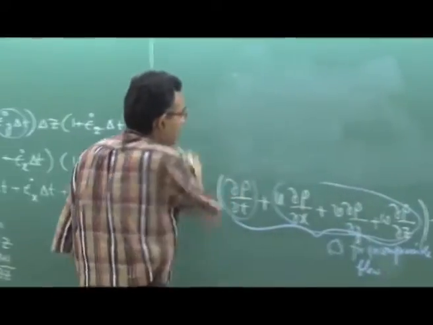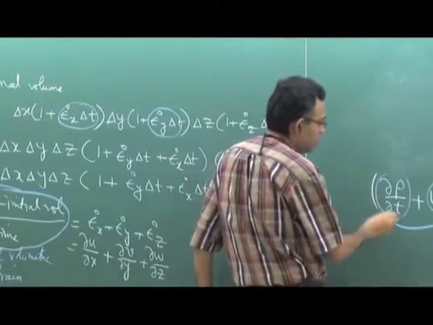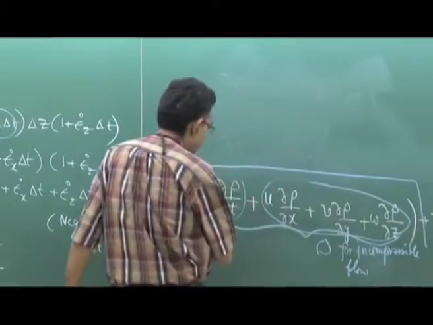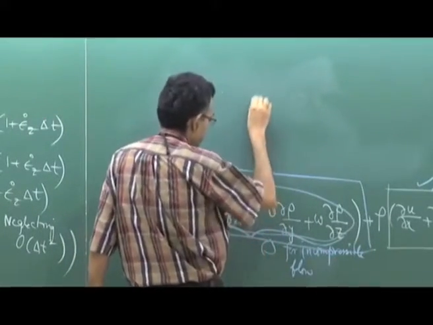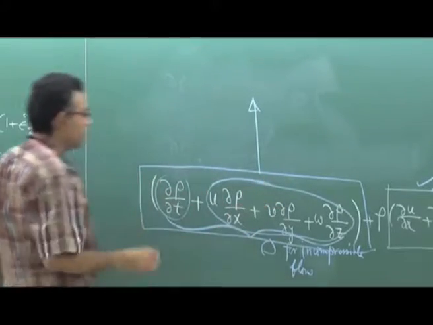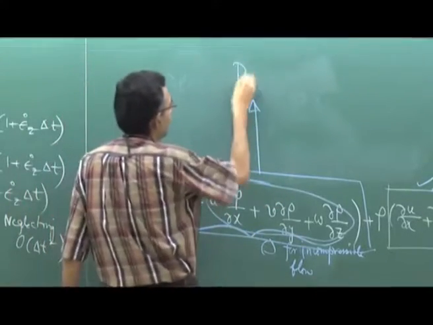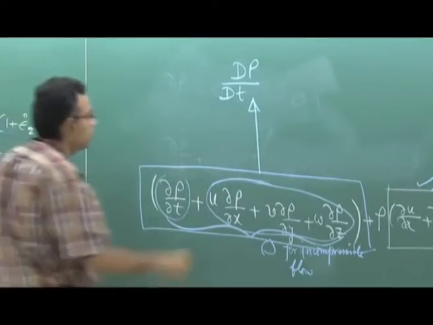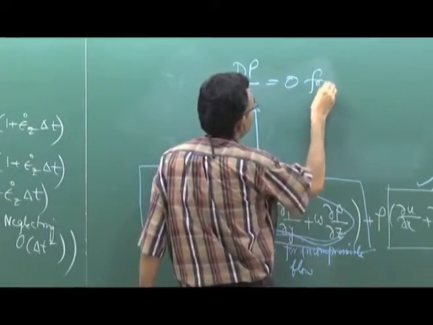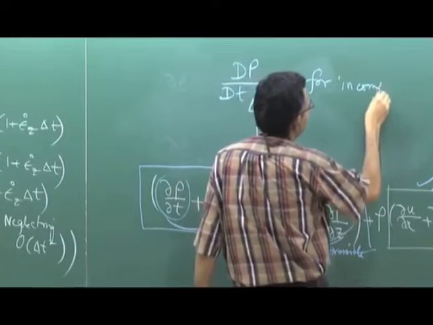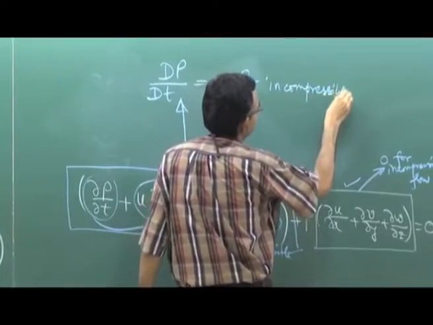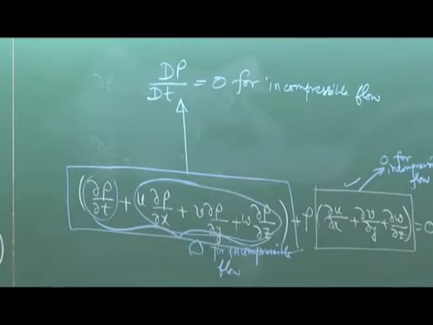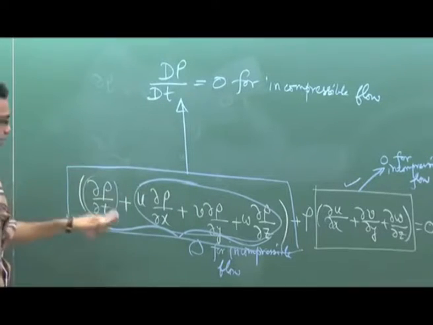Finally, we will give a mathematical perspective to this constraint. So, if you write this particular term in shorthand notation, you can write that this is the total derivative.